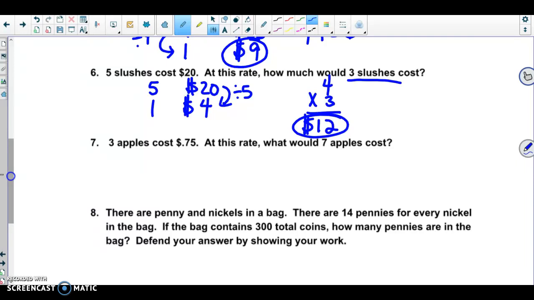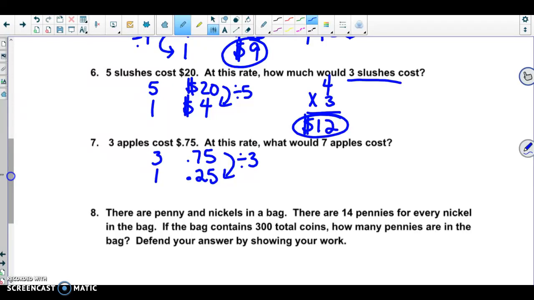And then I can figure out what it is for 7 apples. So if 3 apples cost 75 cents, and I want to figure out for 1, I've got to divide it by 3. So 75 cents divided by 3 makes it 25 cents for 1.